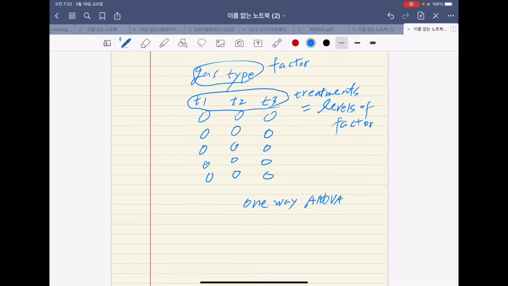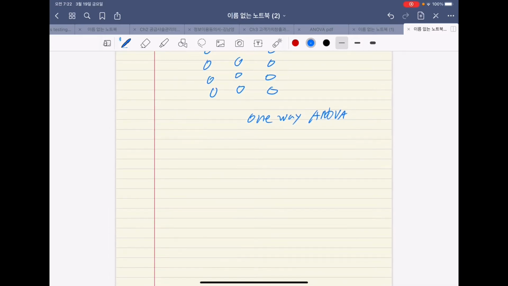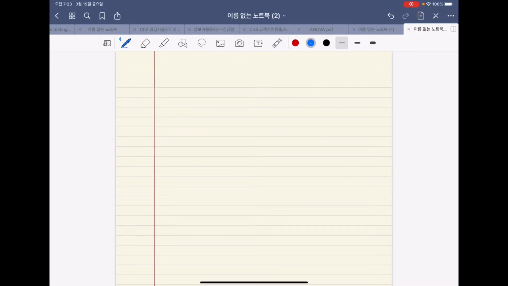Right? Now, today we are going to talk about two-way ANOVA, right? Two-way ANOVA refers to the case where we have two factors. Let me draw a table again.